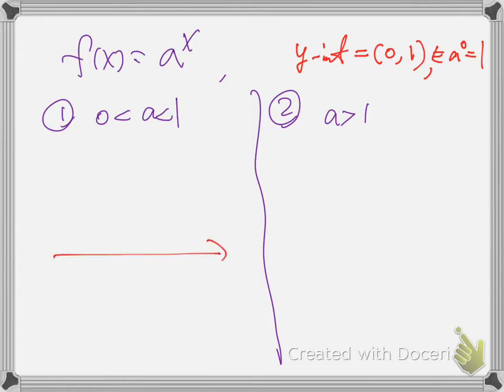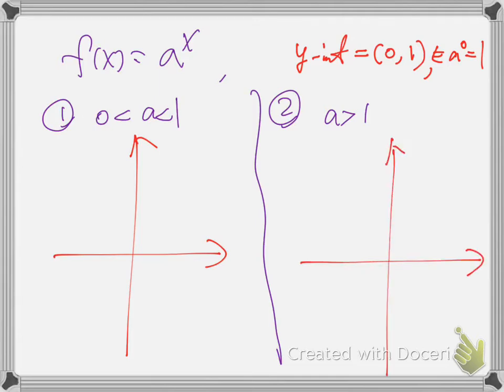So now we know the graph. You both have y-intercept 1. So (0, 1) is on the graph. Now the property: if a is bigger than 1, then the graph is going up like this.